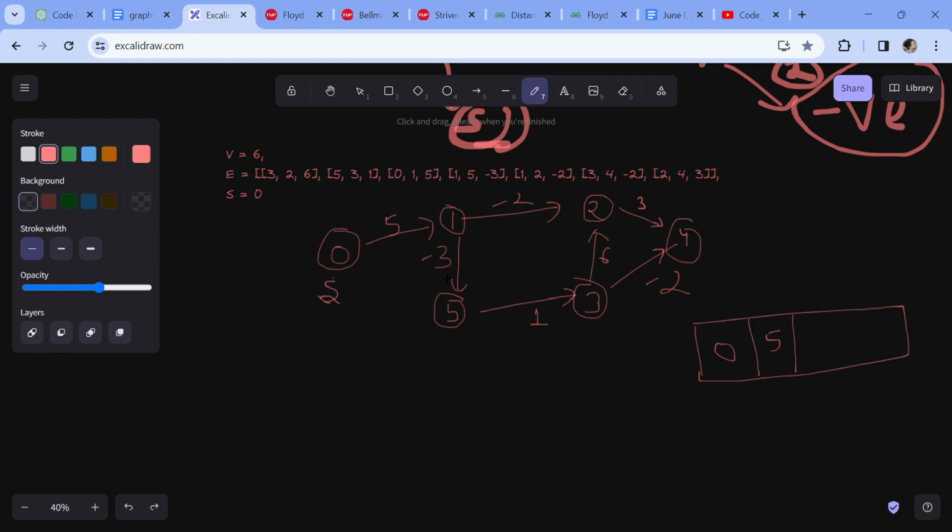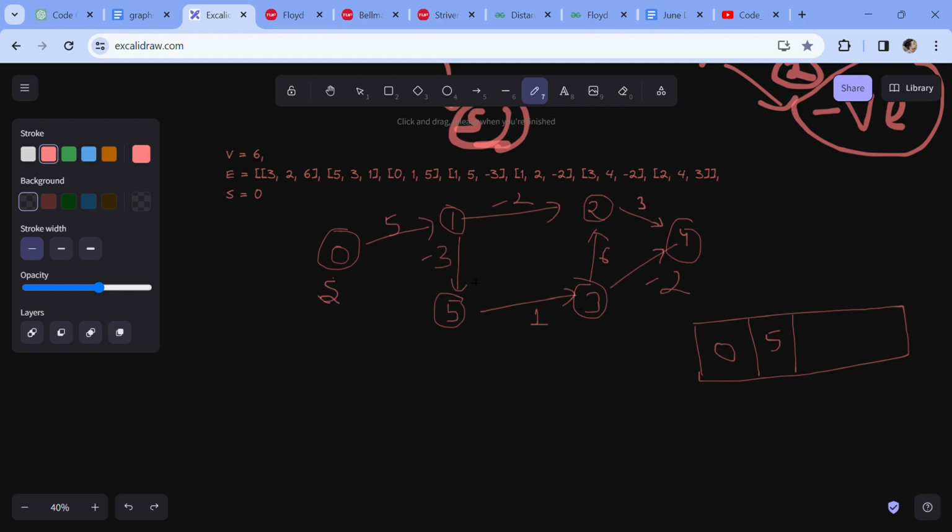Another path is we move from 0 to 1, then 1 to 5, then 5 to 3, and then 3 to 6. That means this will be 2, 3 and 9.